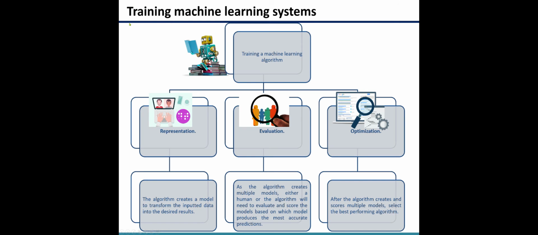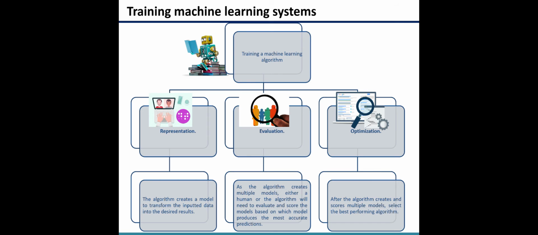That is called the training of the machine, the training of a machine learning system. In training, first is representation: the algorithm creates a model to transform the inputted data into the desired result.